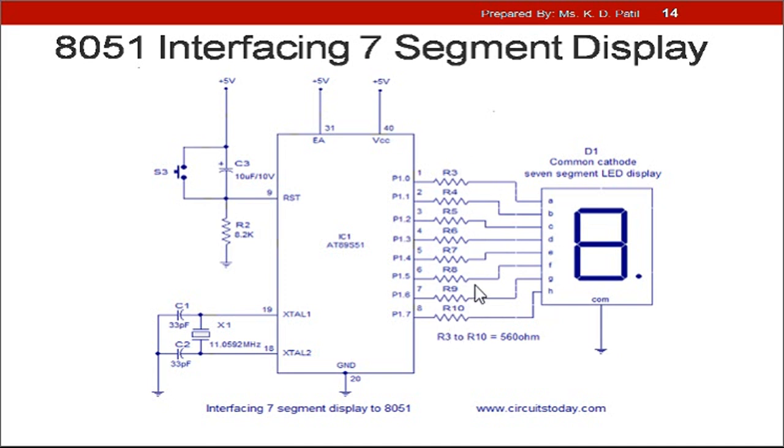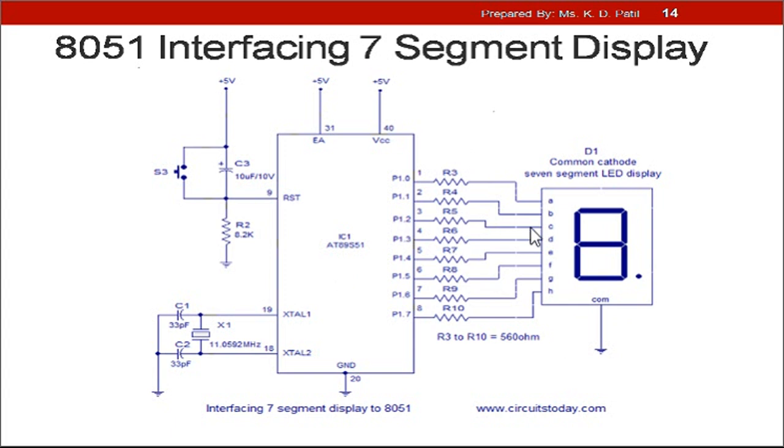Why are these resistors used? To limit the current flow. As I told you, if these are not available, the excess current will flow, and either the display or the microcontroller may get damaged, and that's the reason we do require those resistors to limit the current.